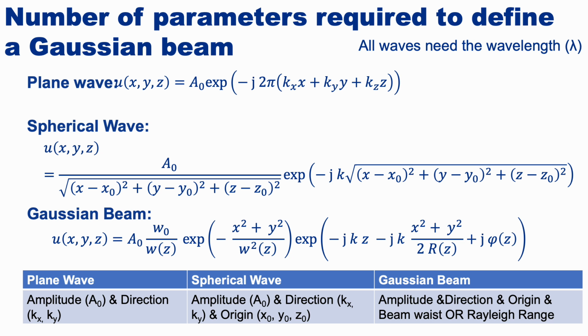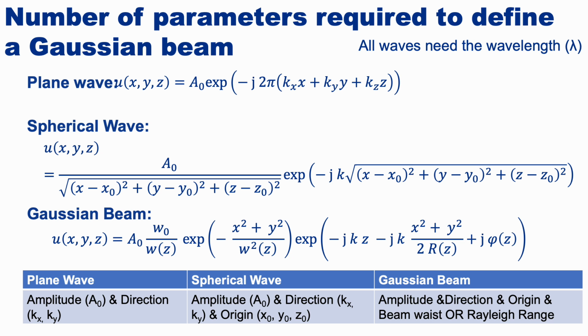Just to finalize, what I promised was to try to give an intuition about how many parameters we require to define a Gaussian beam. If we have a plane wave, we only need the amplitude and the direction of the plane wave.